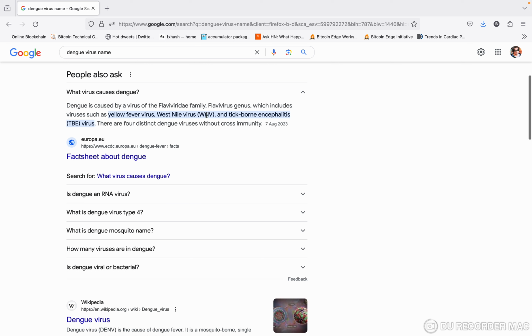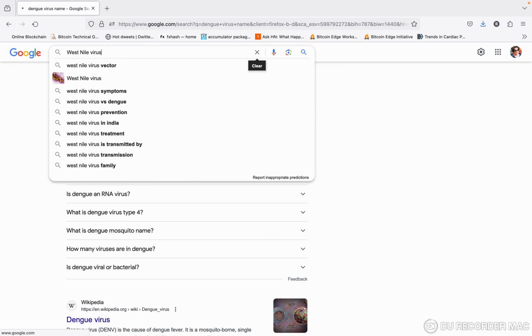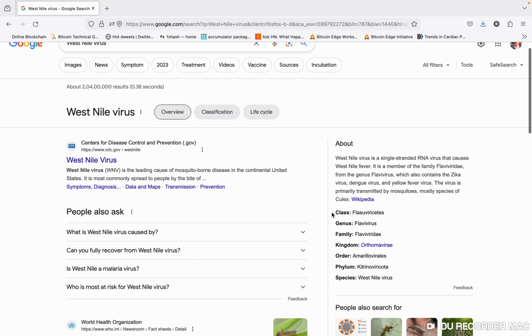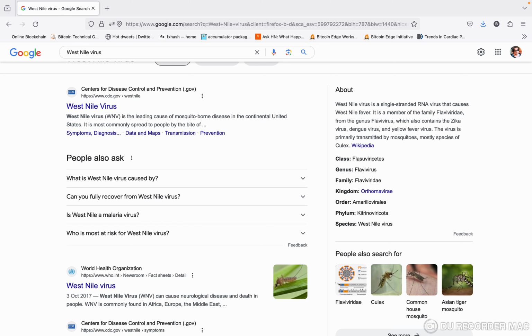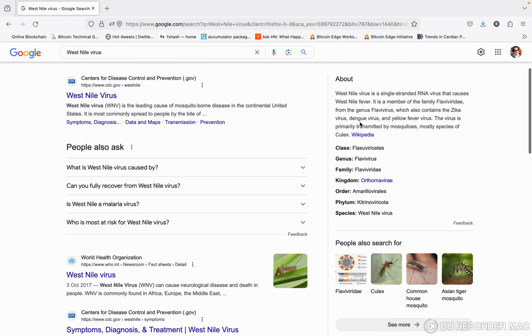So there are multiple types of viruses in this family. Let me check what is West Nile virus. So I have heard this name in the news also. West Nile virus causes West Nile fever. It also contains Zika virus. Okay, so Zika virus is also part of flavivirus.